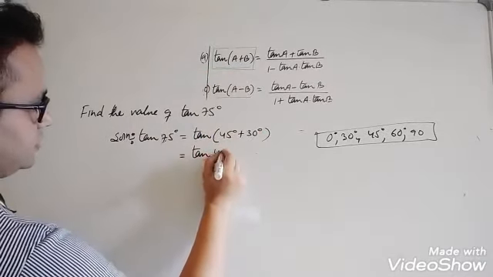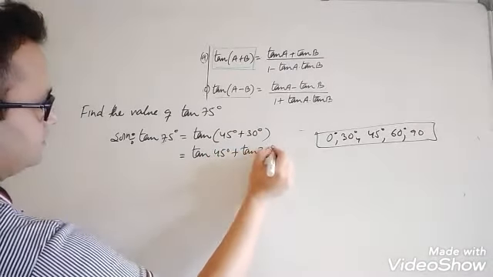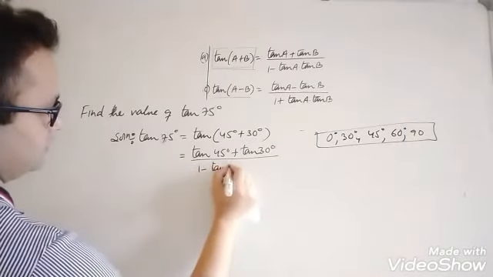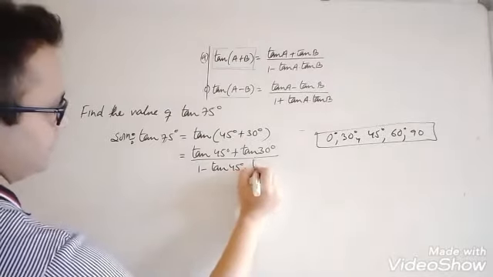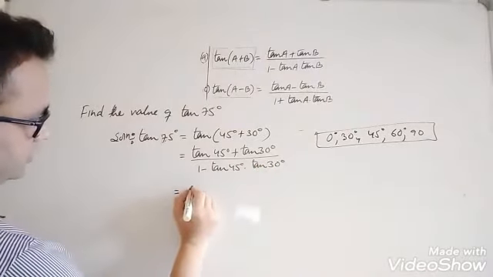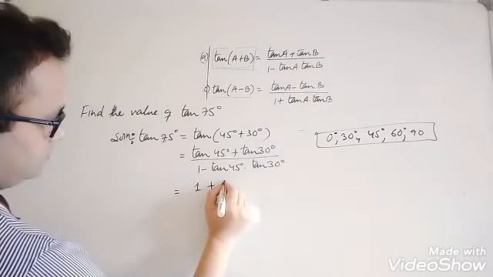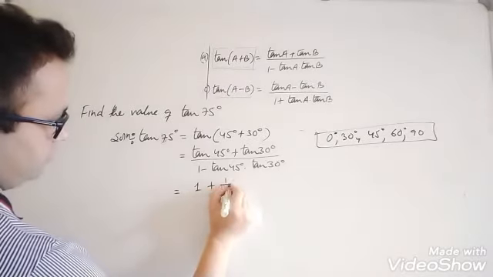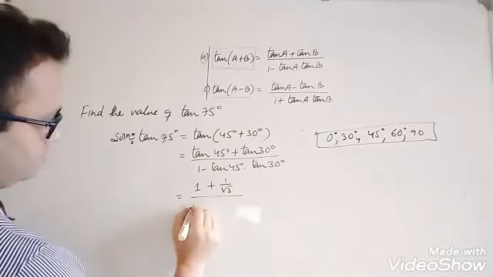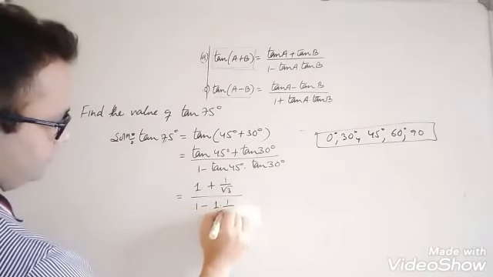So this equals (tan 45 degrees + tan 30 degrees) divided by (1 − tan 45 degrees tan 30 degrees). Tan 45 is 1, plus the value of tan 30 is 1 by root 3, divided by 1 minus, the value of tan 45 is 1, into 1 by root 3.